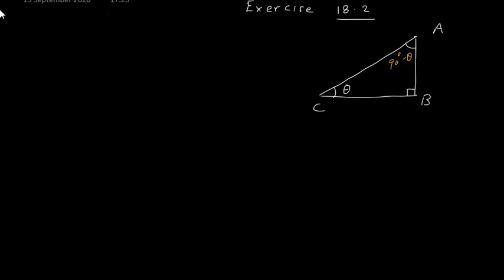Now let us see what is sine theta. So the sine theta, we have AB upon AC. And check what is cos theta. So cos theta is adjacent upon hypotenuse, that is, it is BC upon AC. Now let us see what is sine and cosine for the complementary angle of this theta.